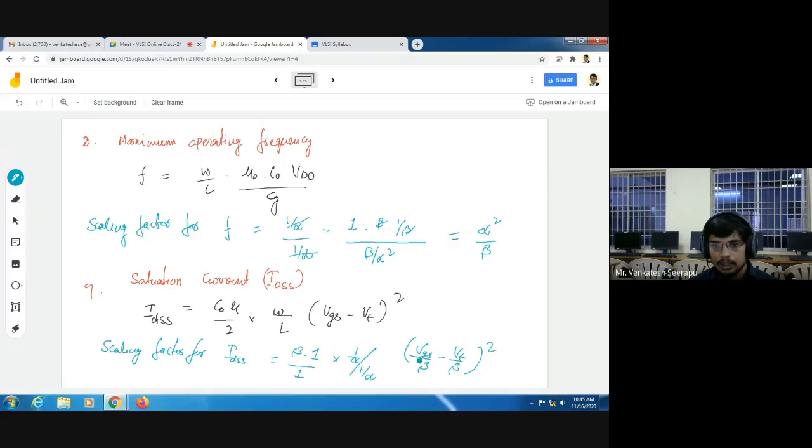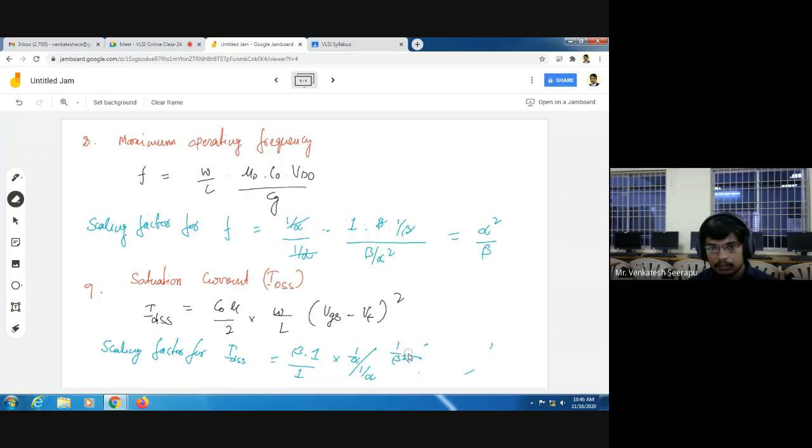Taking 1 by beta common, we get 1 by beta square into VGS minus VT whole square. So the scaling factor for VGS minus VT whole square is 1 by beta square. Why? Because the scaling factor for VGS is 1 by beta.